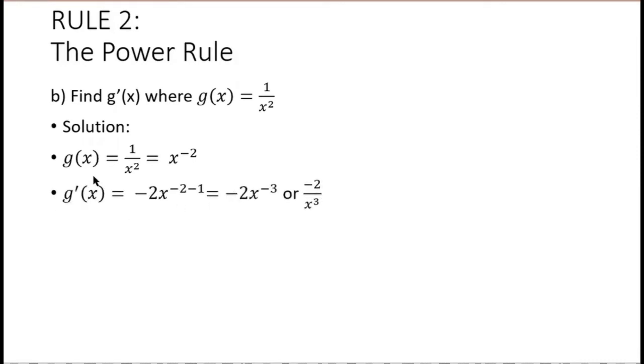Then, kapag ginawa natin yung kanyang derivative, so g prime of x, ang kanyang exponent na negative 2 ay magiging coefficient ng x. Then, yung negative 2 minus 1. So, negative 2x raised to negative 2 minus 1. So, we have negative 2x raised to negative 3. Or, pwede rin siyang i-rearrange natin with negative 2 over x cubed.